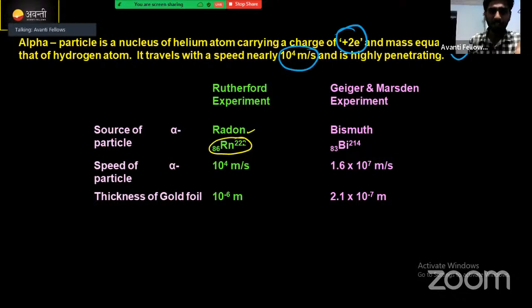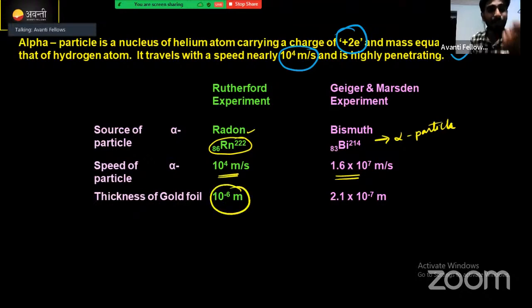Bismuth is also a good emitter of alpha particles. Bismuth's speed is 1.6 into 10 to the power of 7 meter per second, but if you take radon it will be 10 to the power of 4 meter per second. And the thickness of the gold foil was 10 to the power of -6 meter, that is, a micrometer. I told you why we take gold foil: it is highly malleable, so we can make it into a single layer of plate.